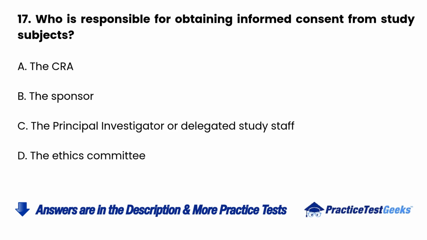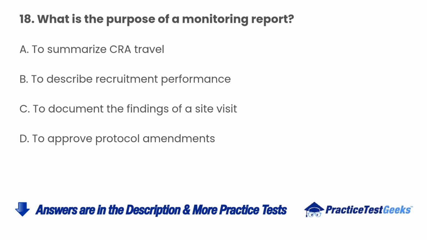17. Who is responsible for obtaining informed consent from study subjects? A. The CRA. B. The sponsor. C. The principal investigator or delegated study staff. D. The ethics committee. 18.